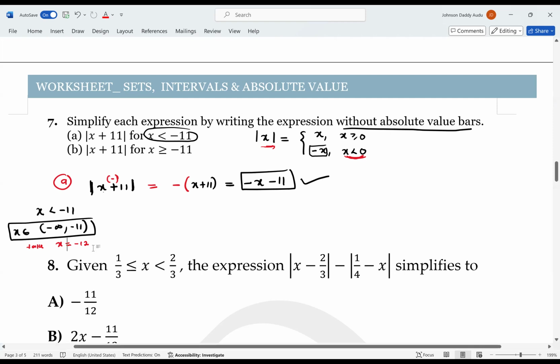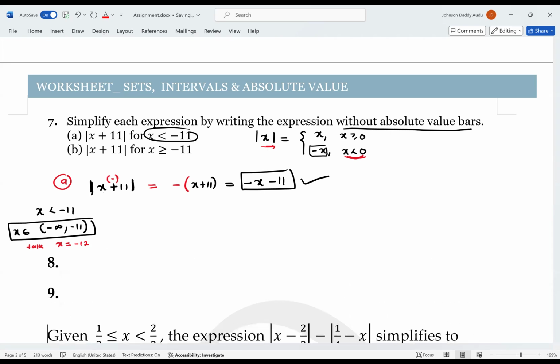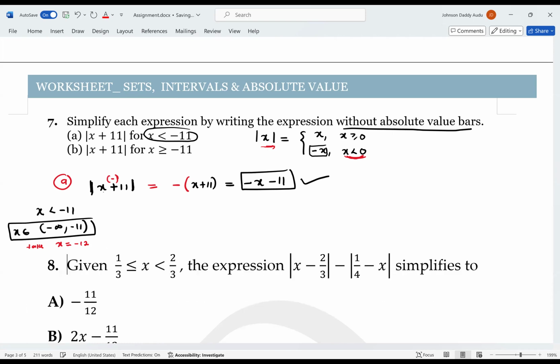Now, let's take the second one, the B part. For the B, what is different? In this case, we're taking x to be greater than or equal to minus 11. So that is the condition here.